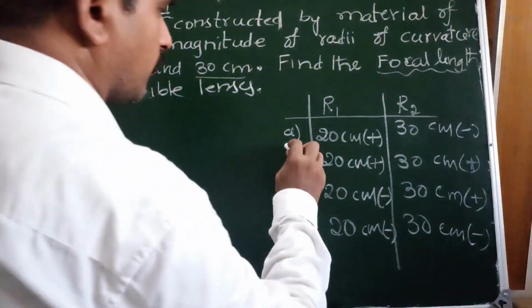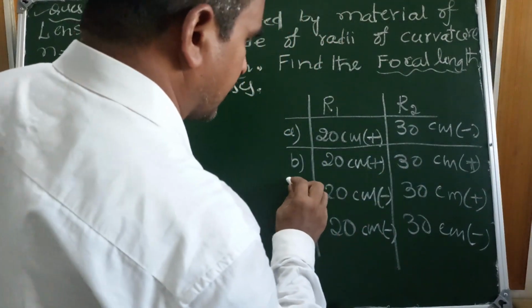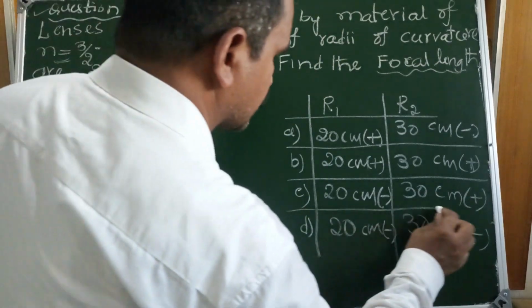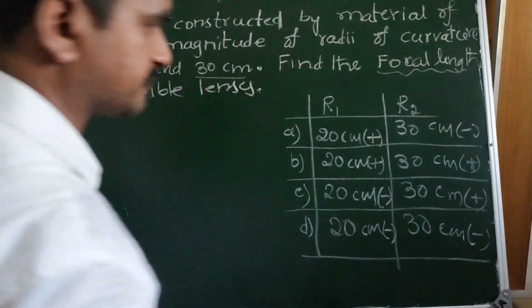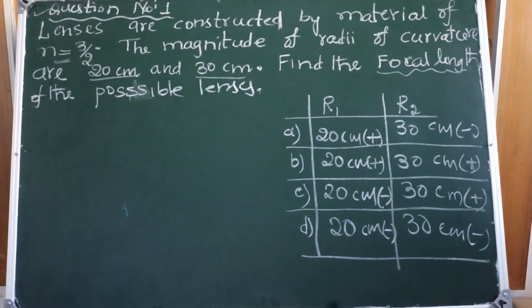There are 4 possible ways one can manufacture a lens. These are the 4 possibilities.